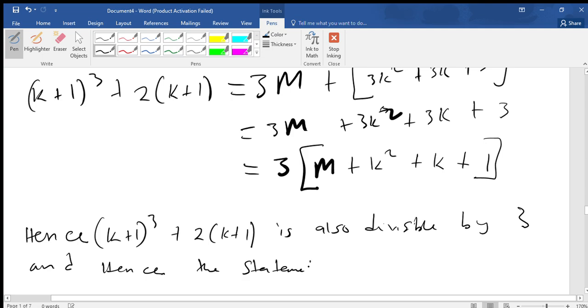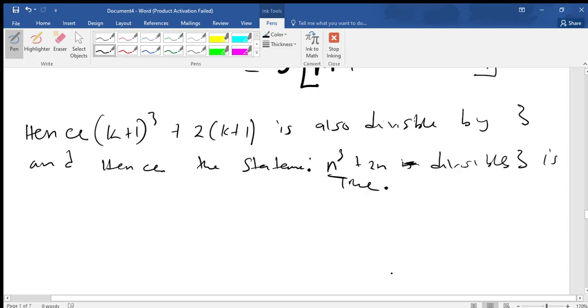Which statement? The statement in the question, n power 3 plus 2n is divisible by 3. So hence the statement n power 3 plus 2n divisible by 3 is true, and you are done. So that's the statement which you are going to do.